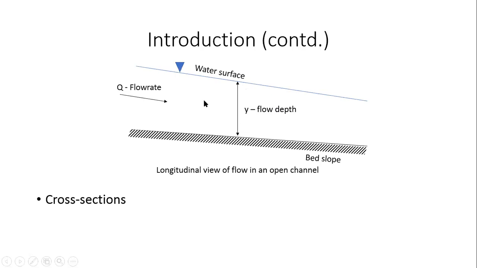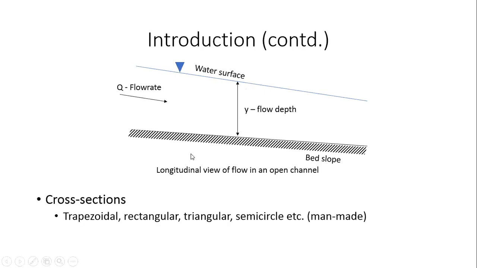Now, if I were to be looking at this channel in this direction, right? If I'm looking at the cross-sectional view of the channel, there are so many different cross sections that are possible. Most of the time, when I have a man-made channel, I may have a defined geometrical cross section, like a trapezoidal cross section, or a rectangular cross section, or triangular, semicircular, and so on, right?